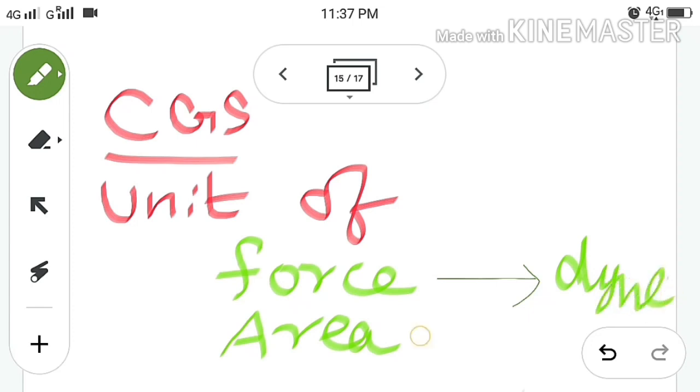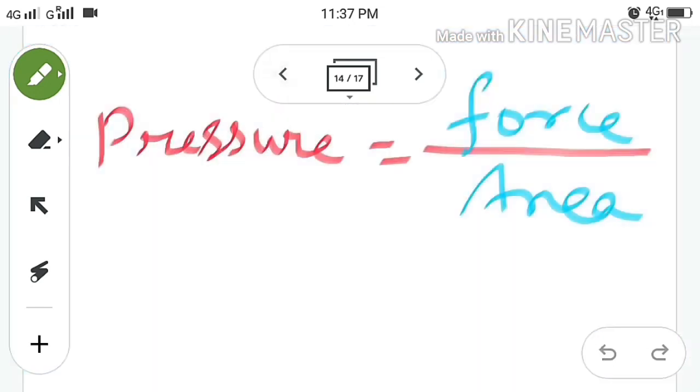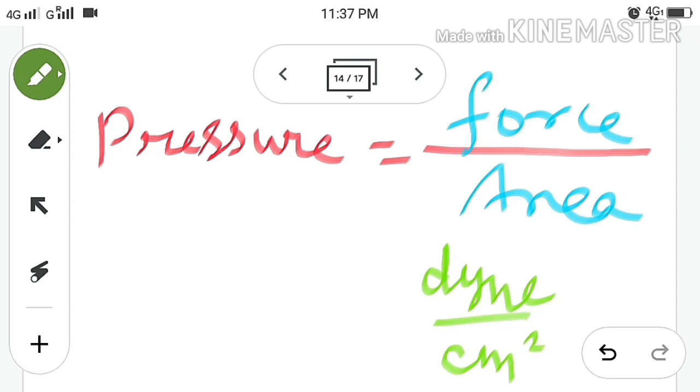Whereas for area, it is centimeter square. Now let us substitute here. We can write dyne by centimeter square. So what do we come to know here? That dyne per centimeter square is the unit of pressure in CGS system.